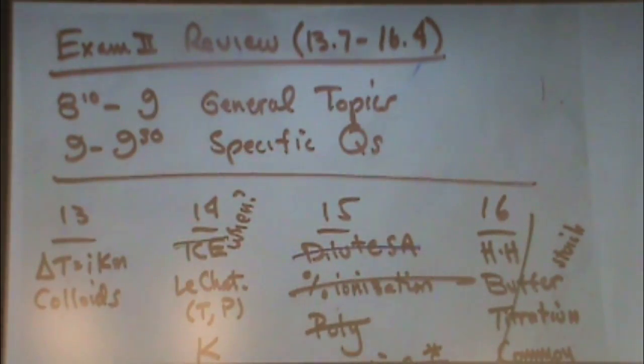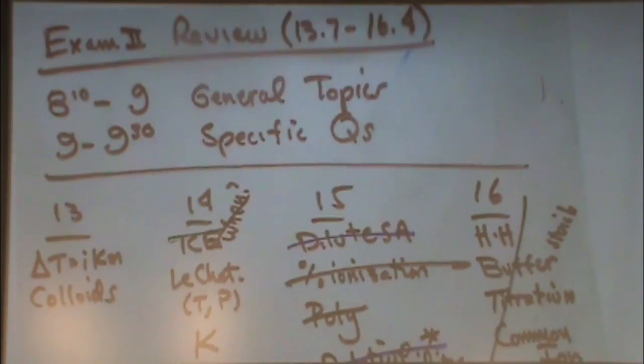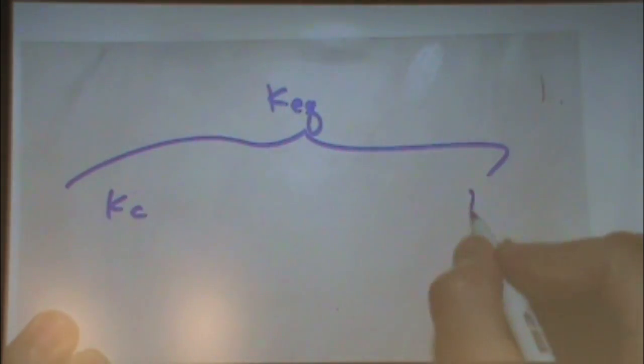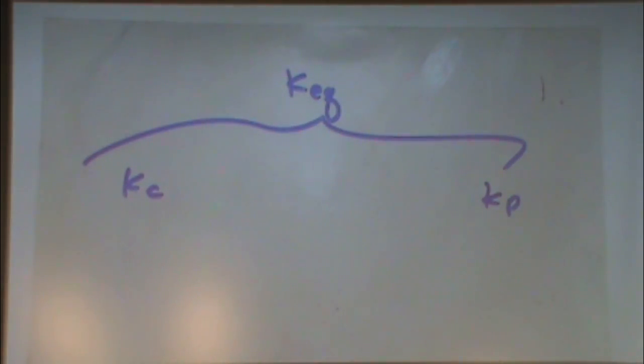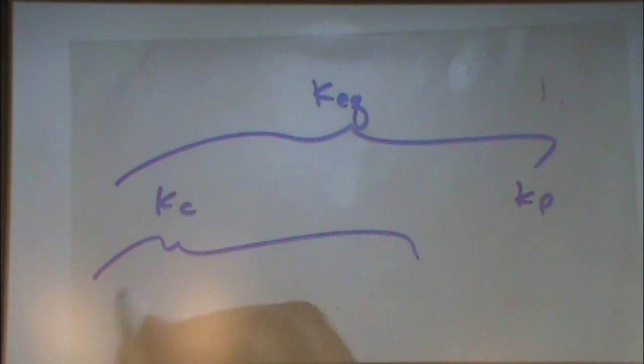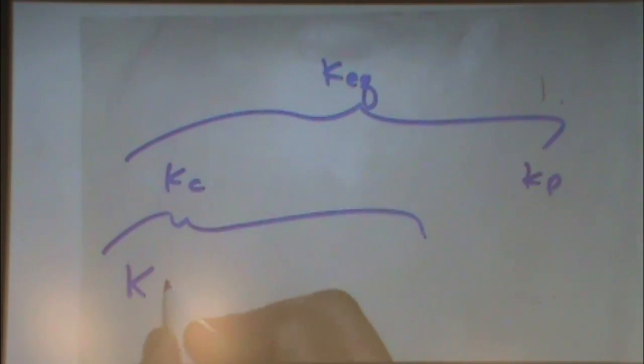Okay, let's do a couple more of these. I want to do K. What types of Ks are there? Several different types of Ks. Equilibrium: Kc and Kp. Kp died and nothing else happened to it ever. But Kc was prolific like a rabbit. And so there are many Kcs.